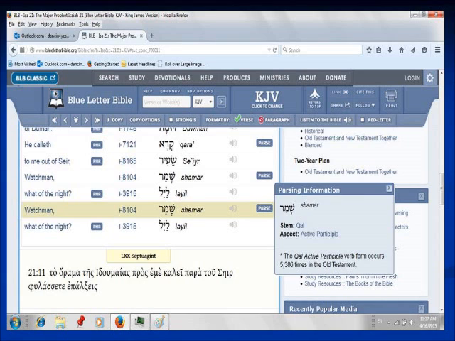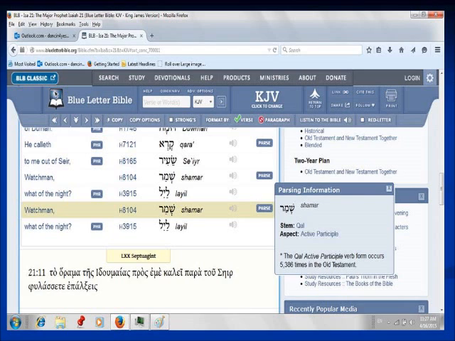And then there's a button off to the right that says Parse. I have clicked on that, and what I get now, it says parsing information. You can see on the right. Shamar is how the root is listed, and then it's transliterated, shamar. The stem, which is what the binyan is, is kal.